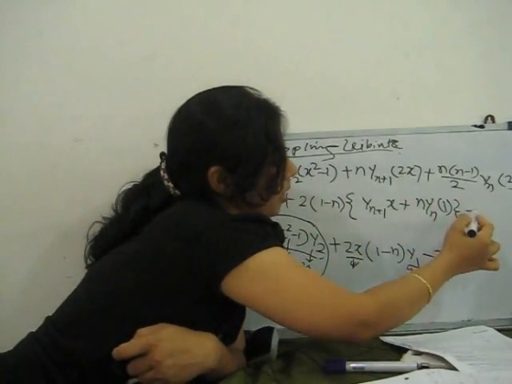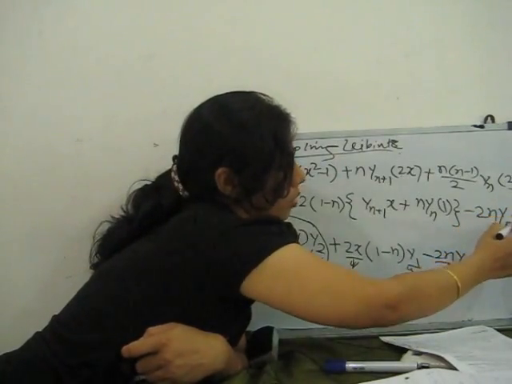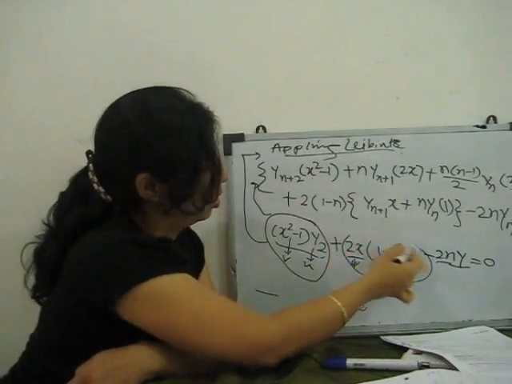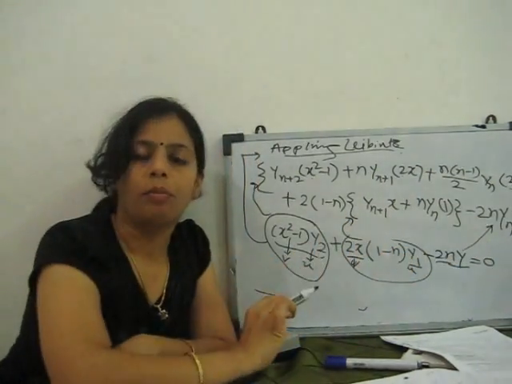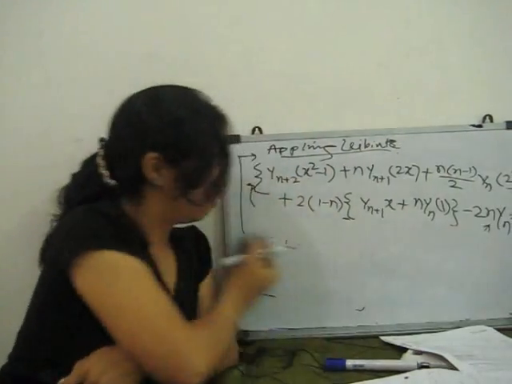Finish. Minus 2n y n equal to 0. Clear? So this gives the second term and this gives the last term. Now you simplify it, and you will get the required solution.